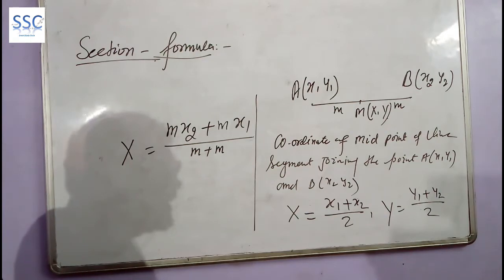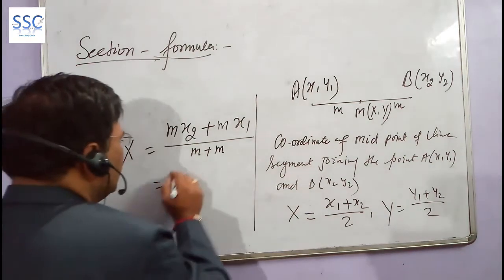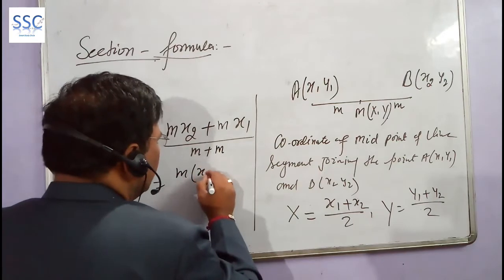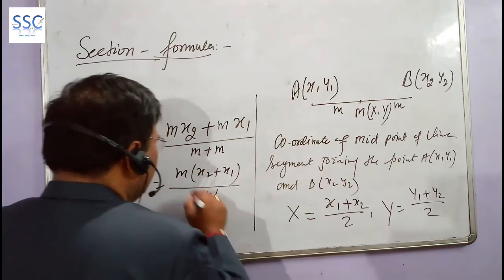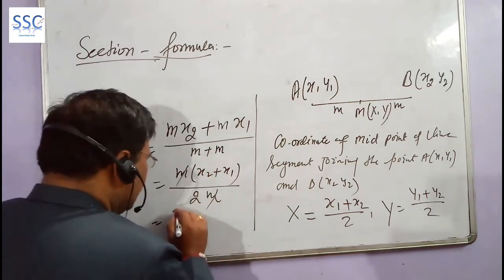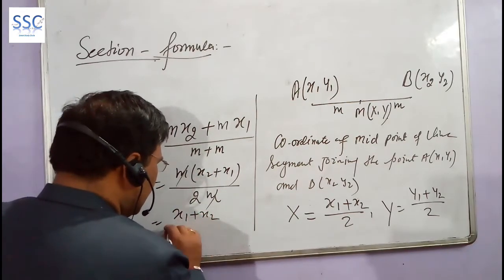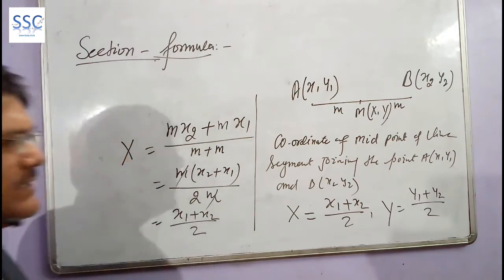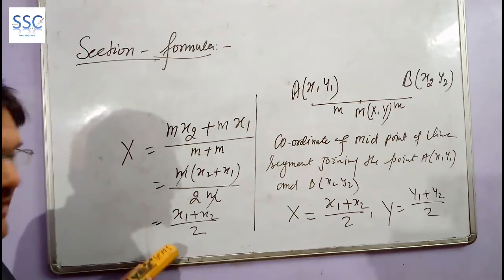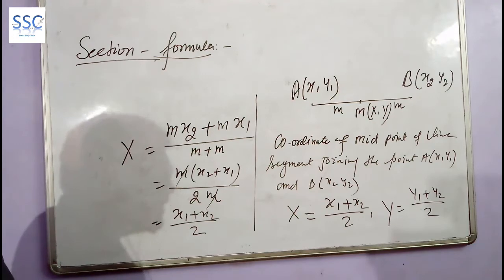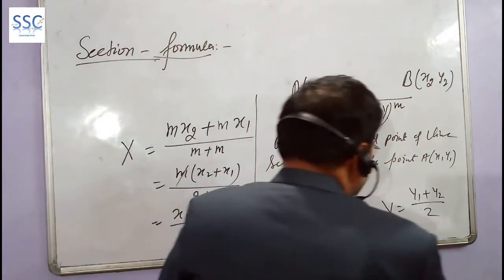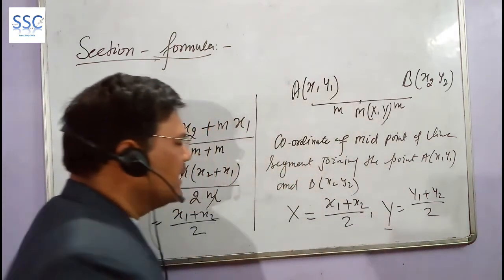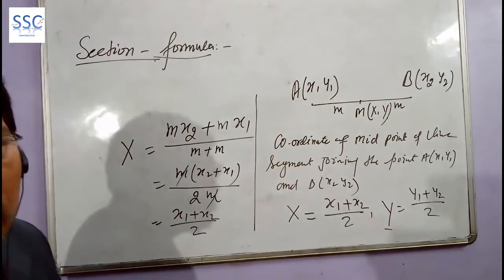Taking m common, (x2 + x1) divided by 2m. The m's cancel out. Arranging this, we have (x1 + x2) by 2. That is the abscissa of the midpoint of the line segment joining A (x1, y1) and B (x2, y2). And similarly the ordinate is (y1 + y2) by 2.